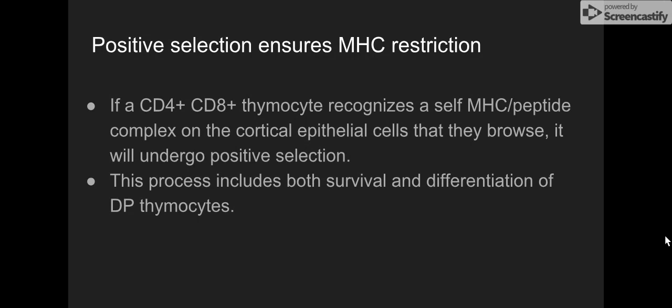Ultimately, the cells have failed the positive selection test and will die by apoptosis within 3 to 4 days. The signal cascade produced by positive selecting TCR interactions has not yet been fully characterized, but we do know that many of the signaling molecules required for positive selection are also involved in T cell mediated activation of mature T cells.